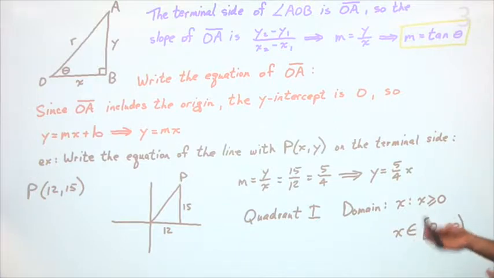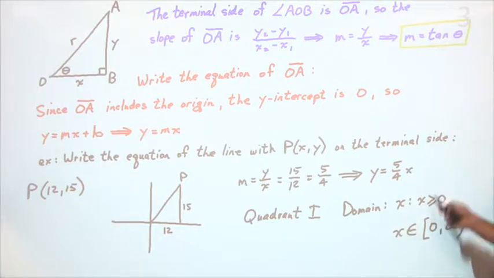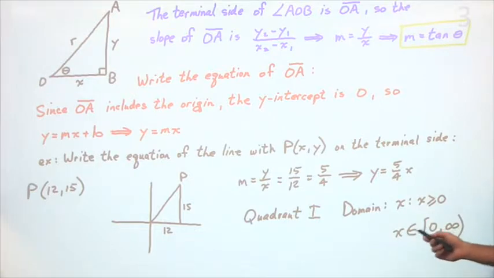Well, there's no way infinity could be included because infinity is not a number. So this is the interval from 0, including 0, to infinity, not including infinity. And that's what x is an element of. So these two things say the same thing, and you need to learn it in interval notation as well.